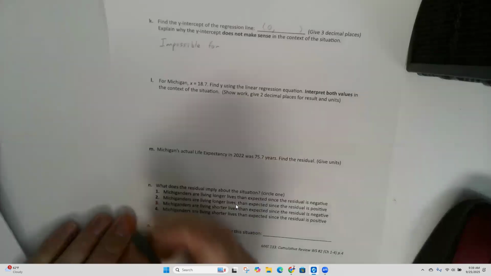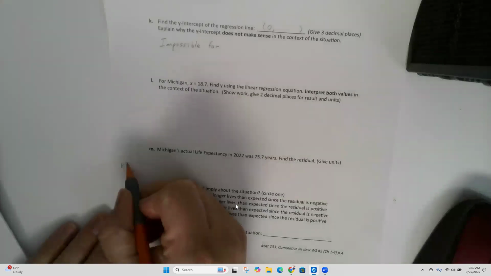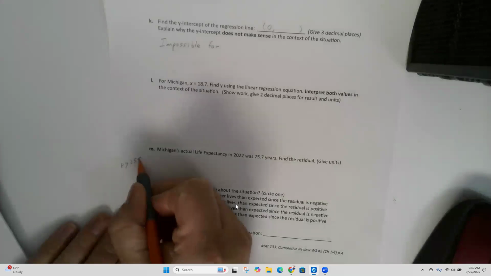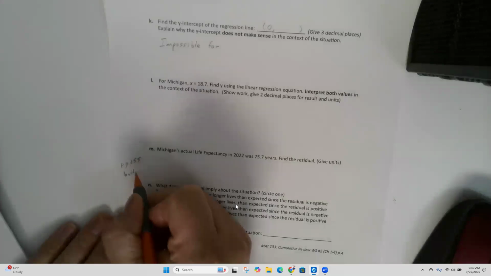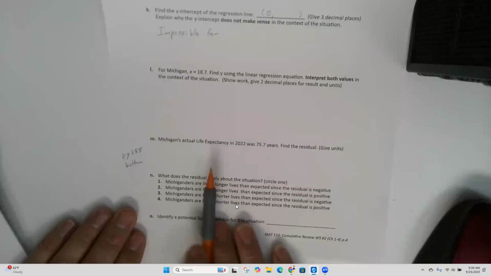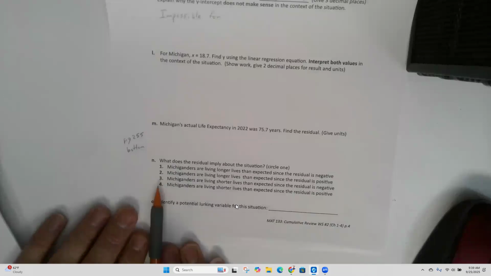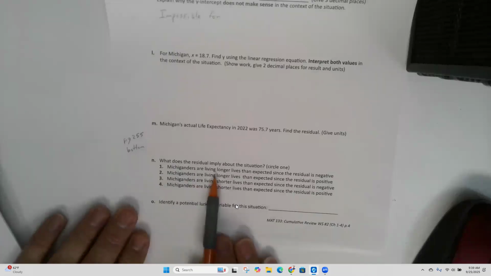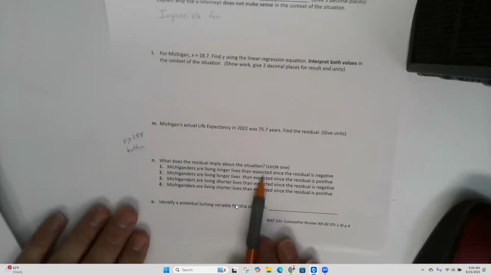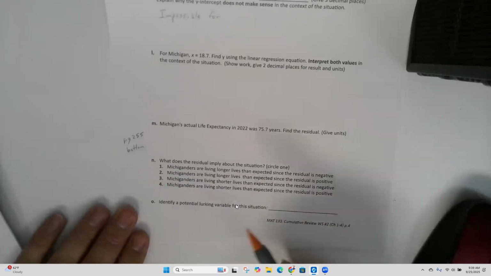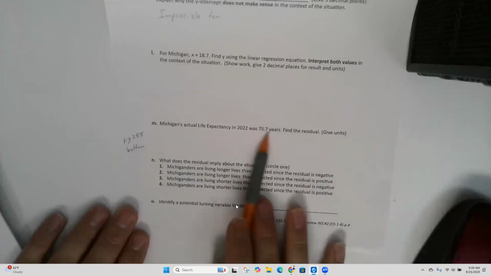Residual, also on page 255, part N at the bottom. There's a formula for that. For part N, be careful about this one. The expected is the prediction. It's the y hat. So figure out what your y hat is, and then figure out if the actual is bigger or smaller and what that means.